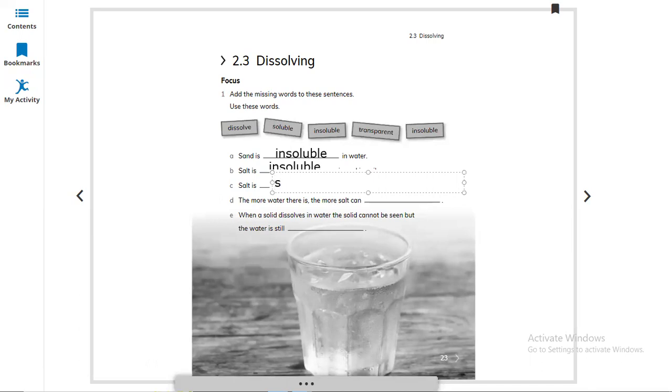You can say mix, or you can say absorb in the water, or you can say soluble in water. Like sugar and salt both easily dissolve in water. The more water there is, the more salt can dissolve.